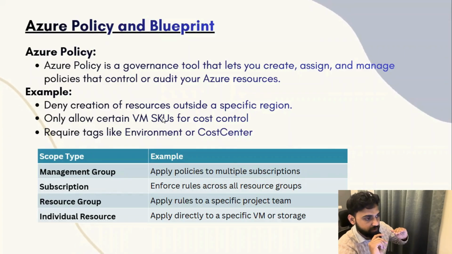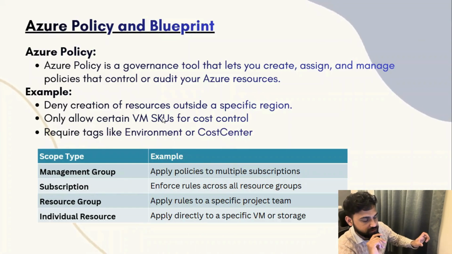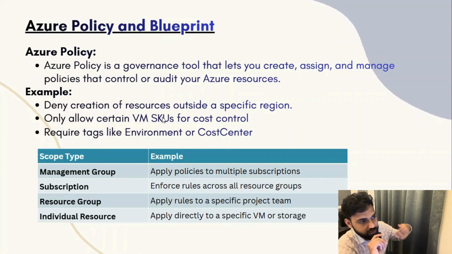Okay, when you apply the policy, say you created the policy and set a rule that virtual machine RAM should not be greater than 8 GB. Then you apply that policy to your subscription.